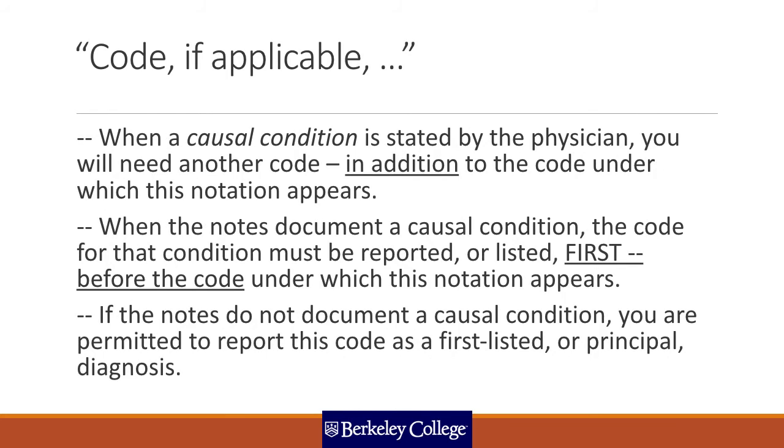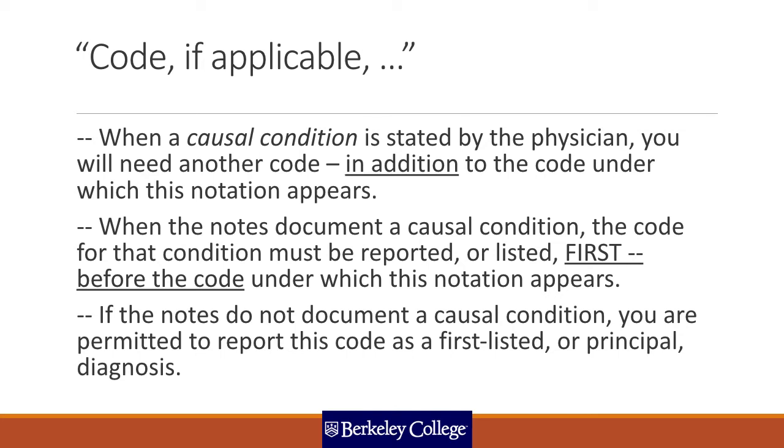The code, if applicable notation, tells you 3 very similar things. When a causal condition is stated by the physician, you will need another code, in addition to the code under which this notation appears. When the notes document a causal condition, the code for that condition must be reported or listed first before the code under which this notation appears.